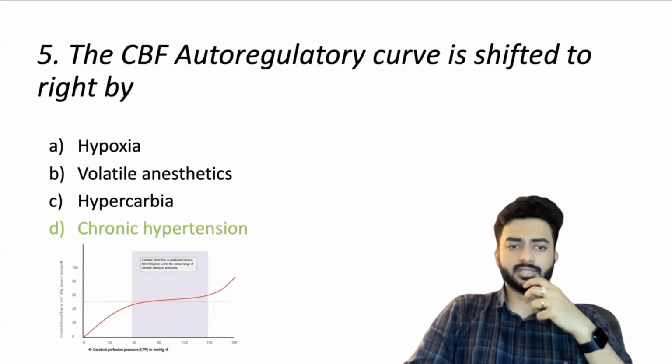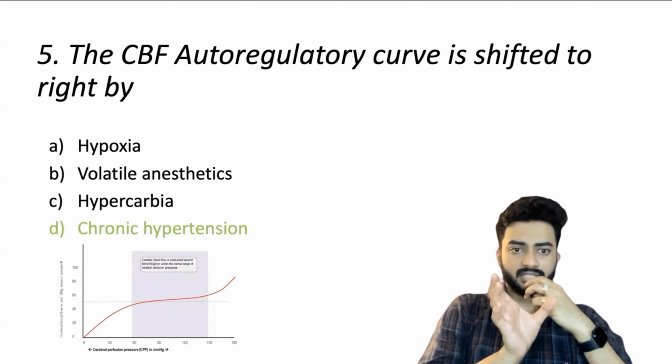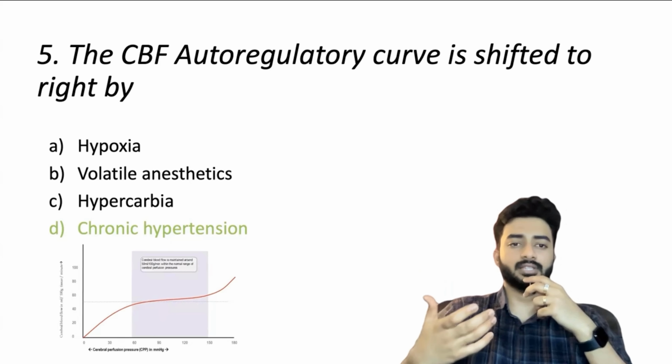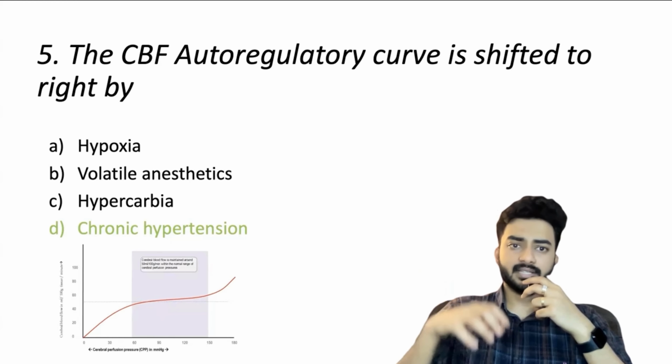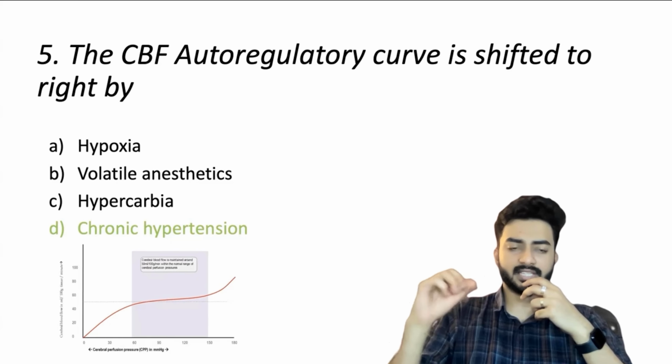In patients with hypertension, this curve and this buffer region is shifted to the right, since their usual pressures are higher than in normotensive patients. So you should be more vigilant in monitoring the blood pressure of these patients intraoperatively. If a normotensive patient becomes hypotensive, the CBF autoregulatory curve can manage and there won't be any cerebral ischemia.